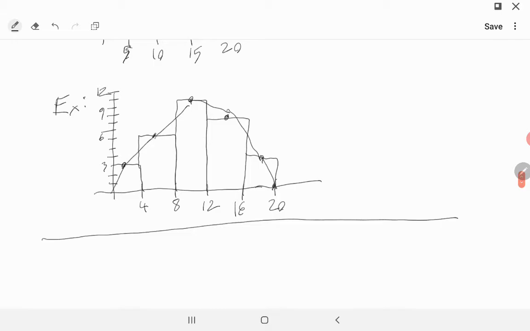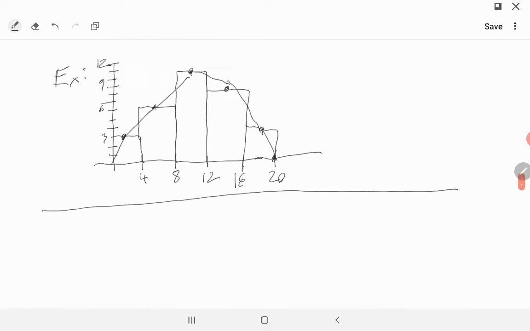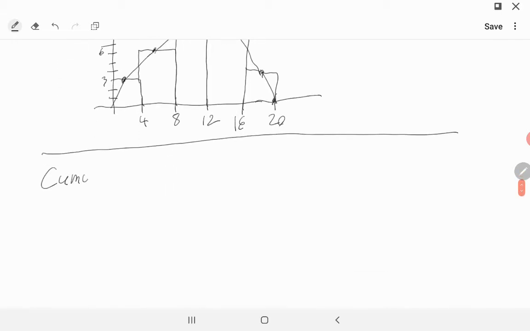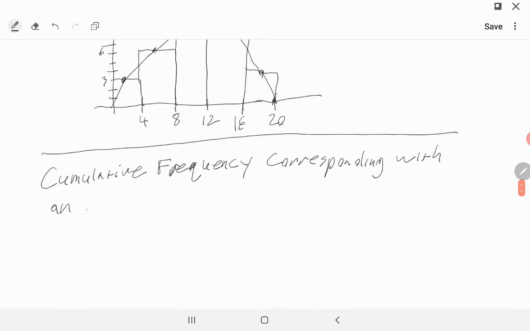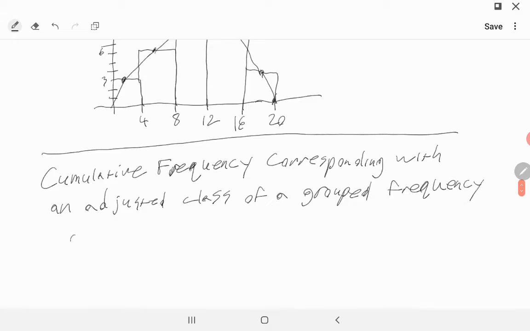So your book calls it a cumulative frequency corresponding with an adjusted class of a grouped frequency distribution, which we noticed rolls off the tongue almost instantly.